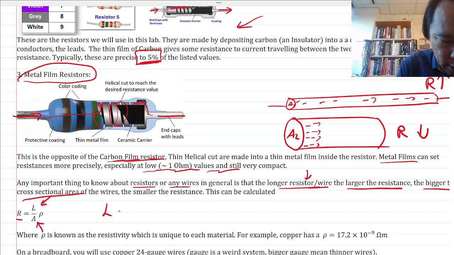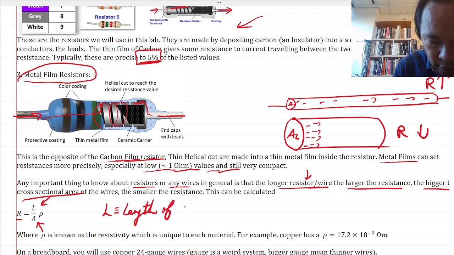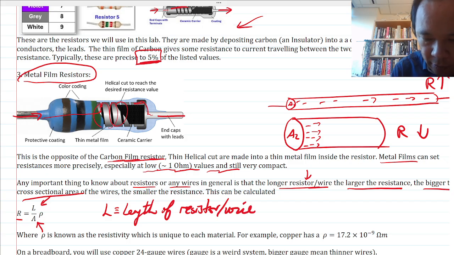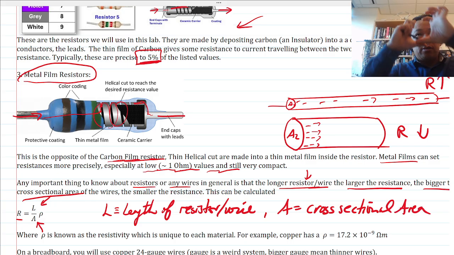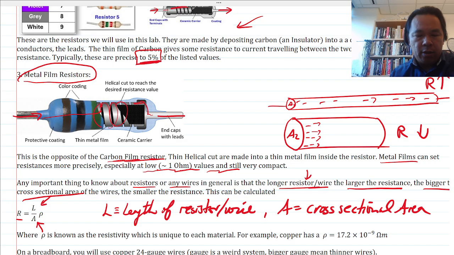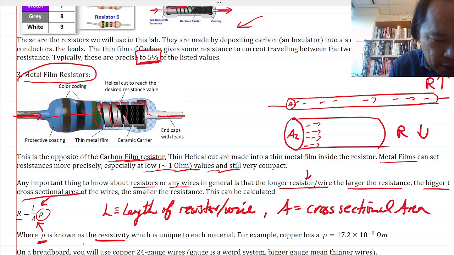L is the length of the resistor or wire, whatever you're talking about, and A is the cross-sectional area, meaning if you stare down the wire, how big that area is. And then there's a constant here, known as resistivity, symbolized with the letter rho.